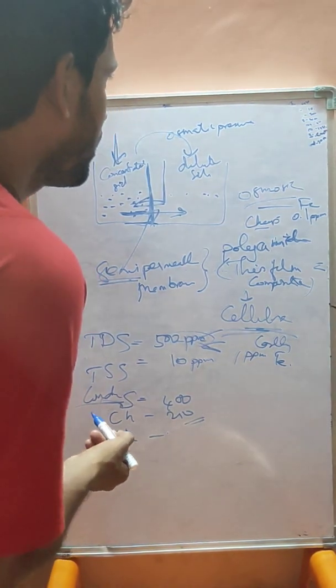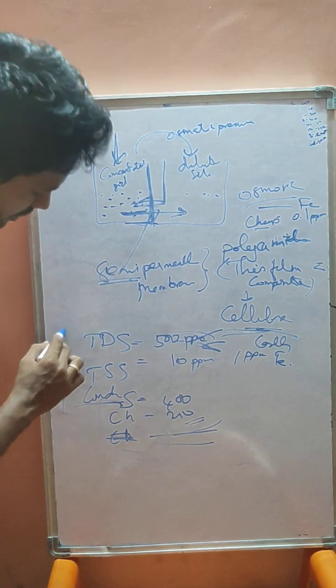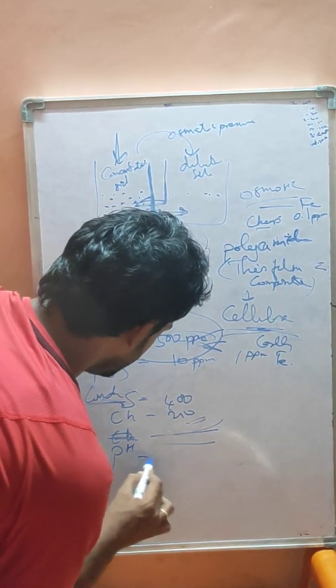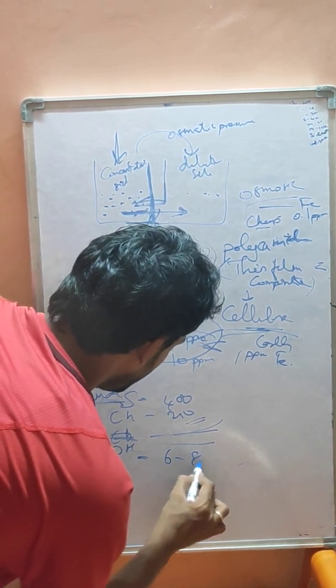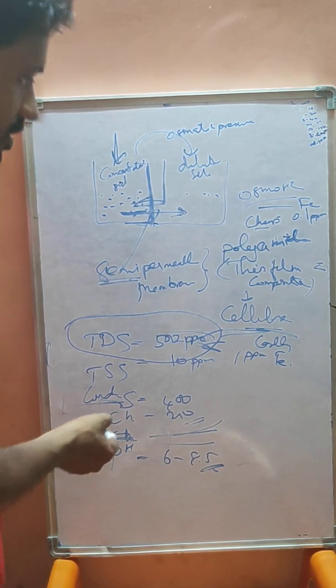And so like this we have more specifications. Mainly we look at TDS and pH, which should be between 6 and 8.5, so we can take it for drinking.